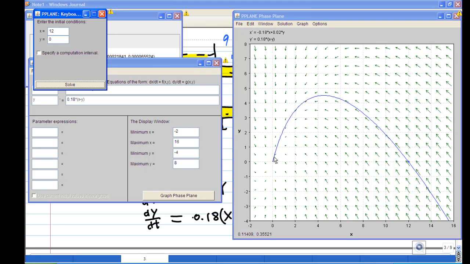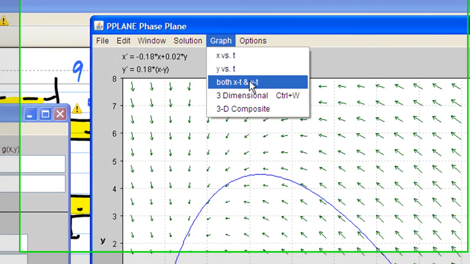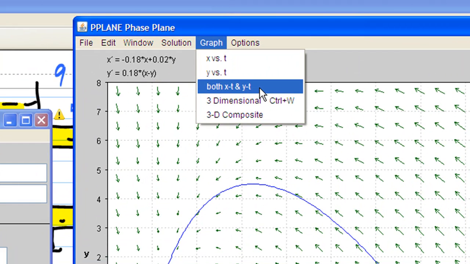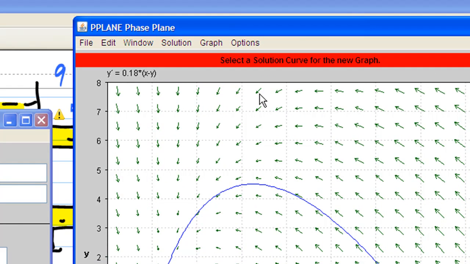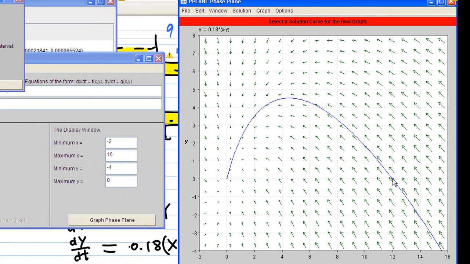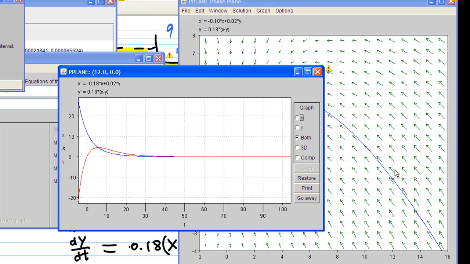Now let's look at how the salt content in each tank changes with time. You can do a graph called both xt and yt graph. Then it asks you to select the solution curve. So I'm going to select the curve where x equals 12, y equals 0, and click.